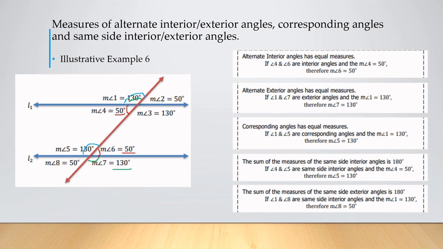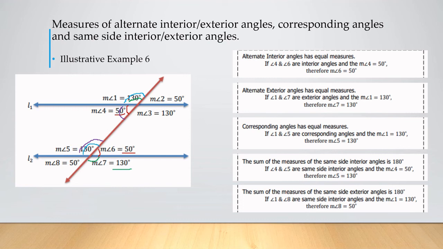Okay. Next, angle 4 and angle 5. Angle 4 and angle 5 are same side interior angles. So para silang nasa loob. Since they are interior angles, the sum is 180 degrees. So if the measure of angle 4 is 50 degrees, therefore, the measure of angle 5 is 130 degrees.